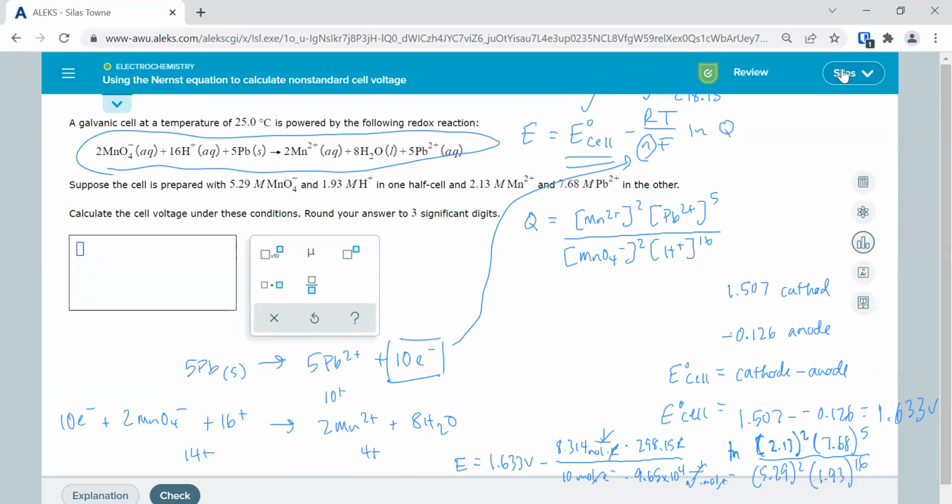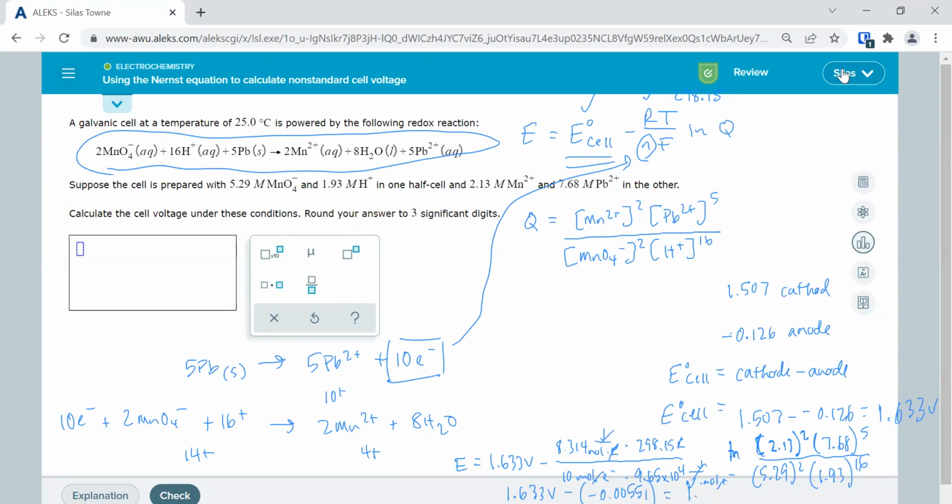You might start with the natural log. Make sure you're using your parentheses correctly. That's going to be one of the bigger challenges of this type of problem. Okay, so I get 1.633 volts minus a negative 0.00551.